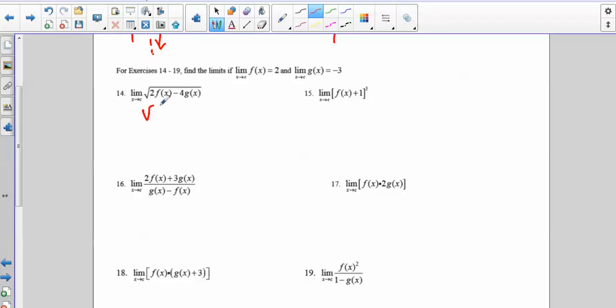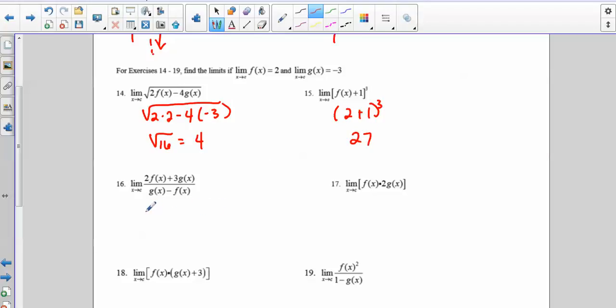I'm going to do square root of 2 times 2 minus 4 times -3. I get the square root of 16, which is 4. I'm going to plug in 2 for f of x, so I have 2 plus 1, the sum cubed, and I get 27.